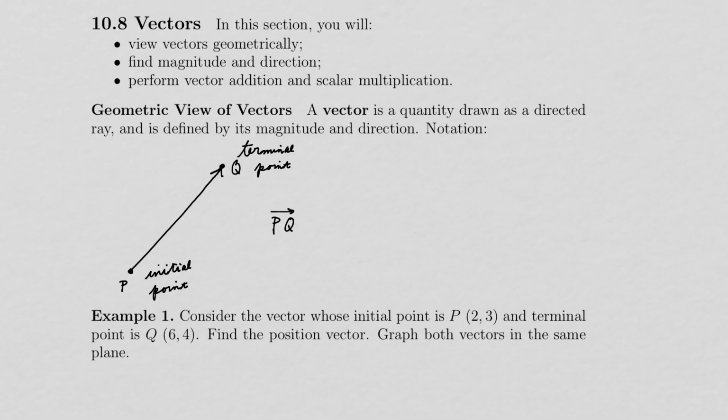The other notation is just to give it a name. Like, let's call this the vector V, and then again putting an arrow over it represents the fact that it's a vector. So in this case, PQ is the same as V. I just gave it a different name.